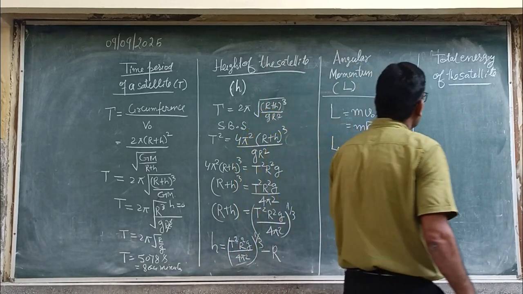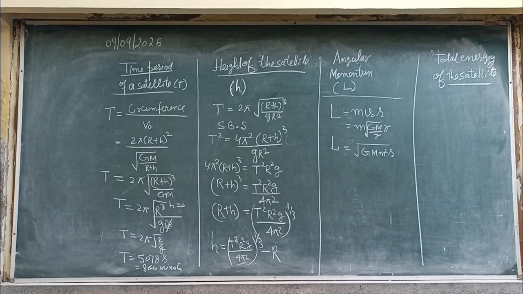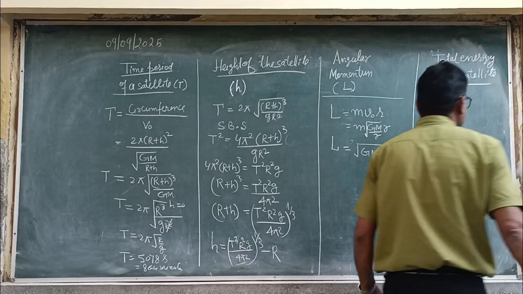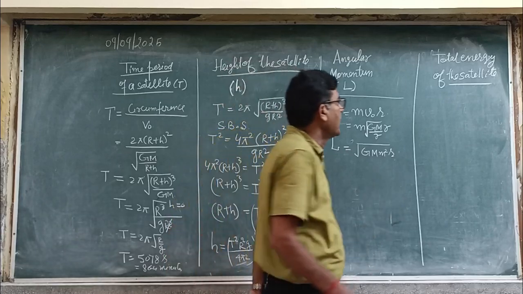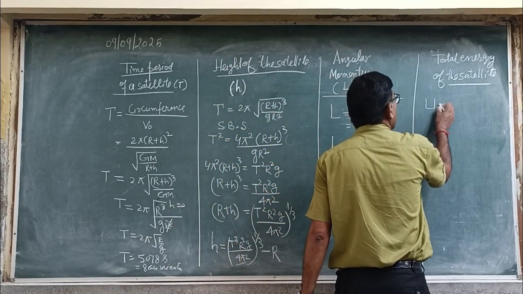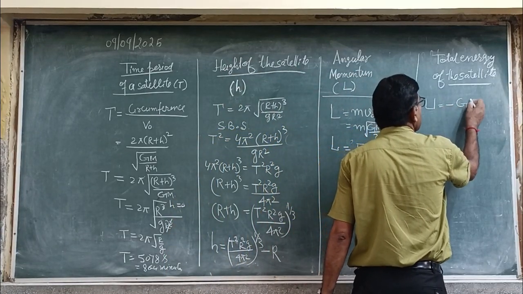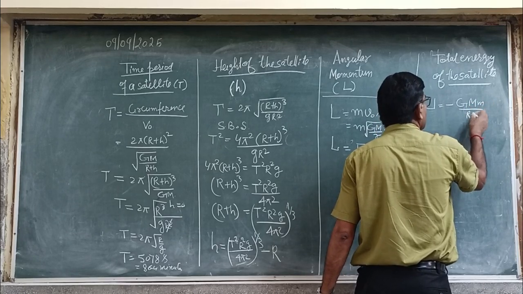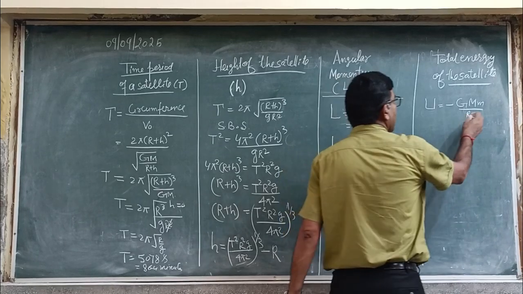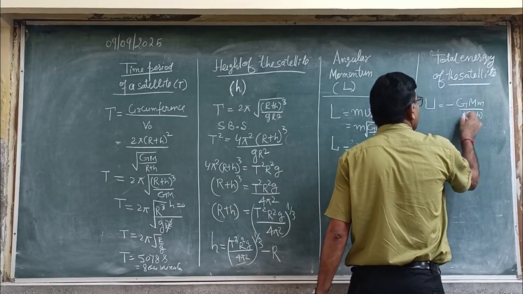Now we come to the total energy of the satellite. We want to find out the total energy. The potential energy of the satellite is equal to minus GMm upon r, you can write it as r plus h.